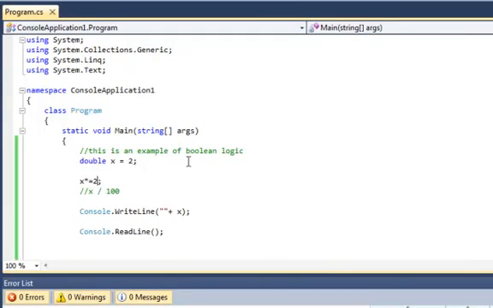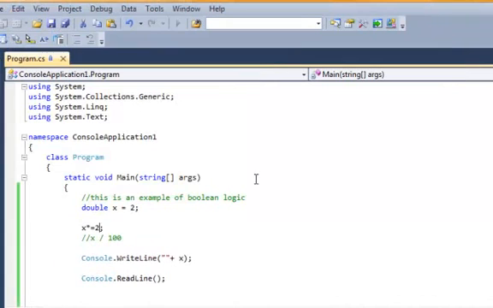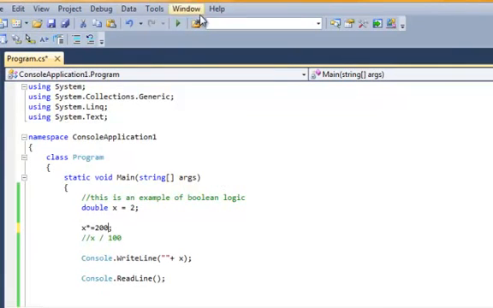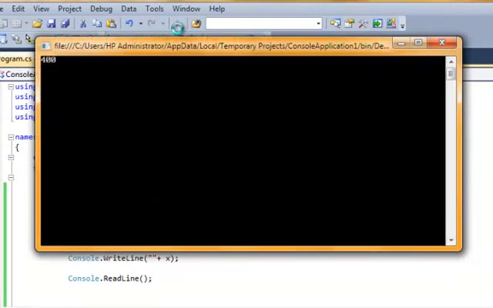Because I just said x times 2. X was equal to 2 before, so x times 2 is 4. Like that. And once again, I could change it to something like 200. And keep my syntax correct for once. I would get something like 400.